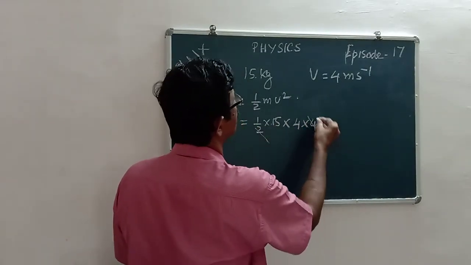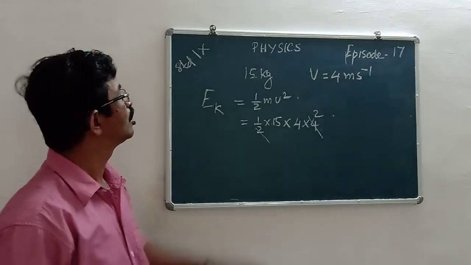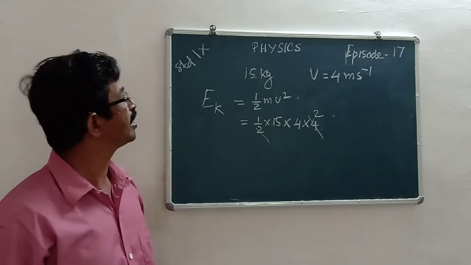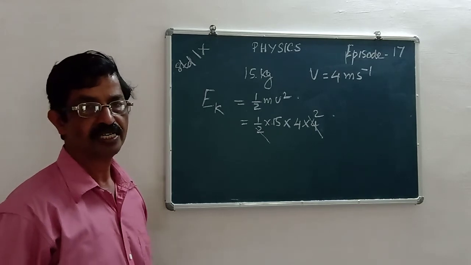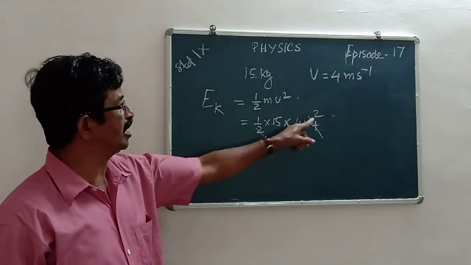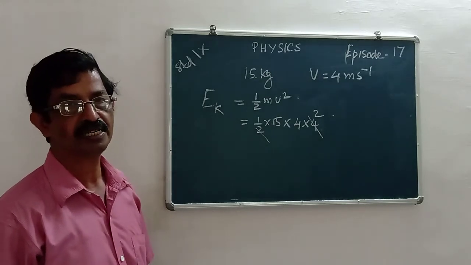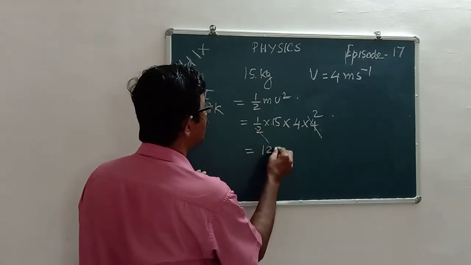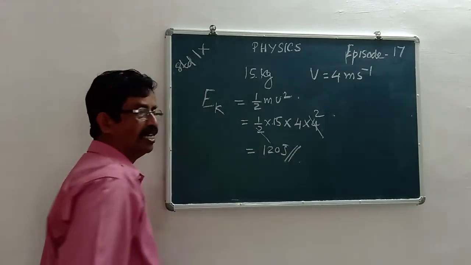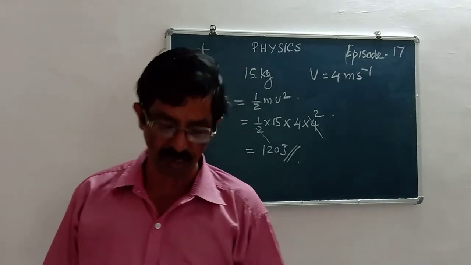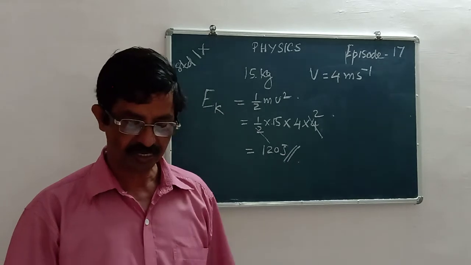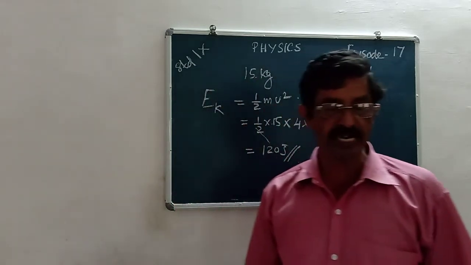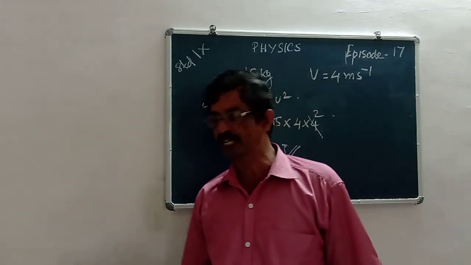Now this we can cancel: 2 into 4 is 8. 15 times 8, how much will it be? Just multiply, it is equal to 120 joule. This is the work done, and also it is equal to kinetic energy. Now the kinetic energy of that object is 120 joule.